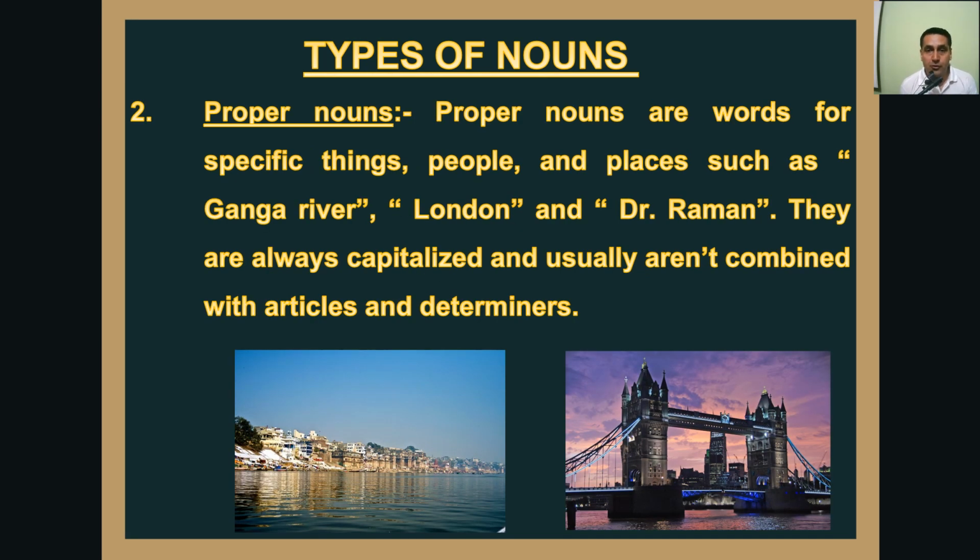Then we have proper nouns. Proper nouns are words for specific things or people, places, such as not any river but a particular river, like Ganga River, London, and not any person but Dr. Raman, or any name for that matter. They are always capitalized and usually are not combined with articles and determiners.